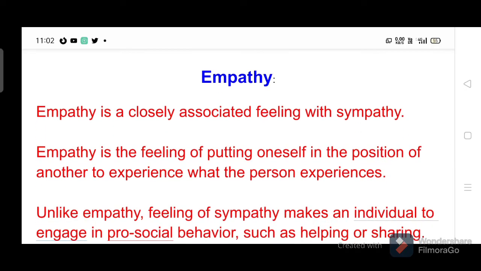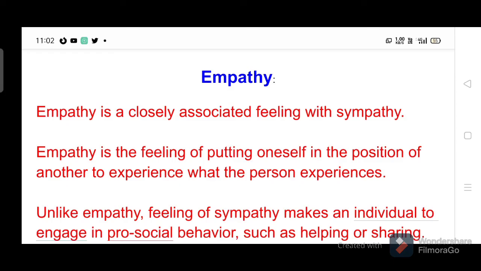Empathy is closely related with the feeling of sympathy. Empathy can be defined as the feeling of putting oneself in the position of another to experience what the person experiences.